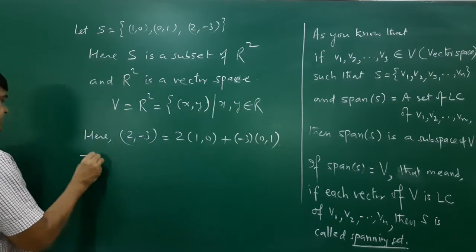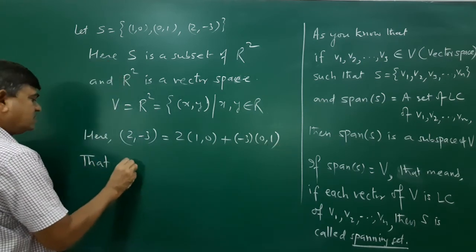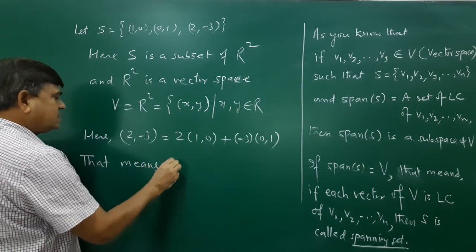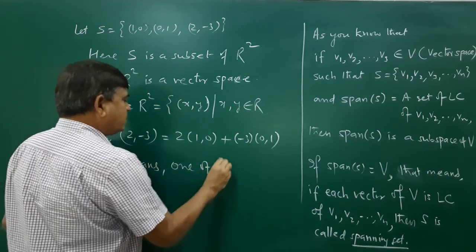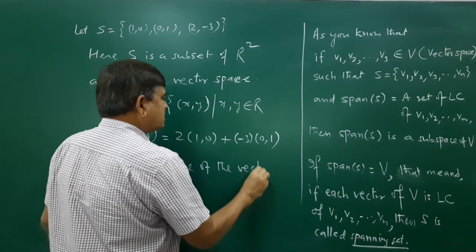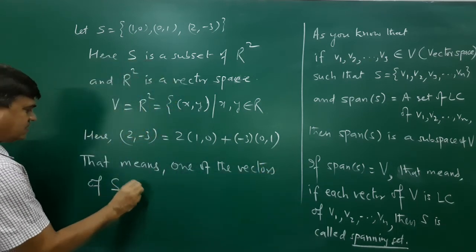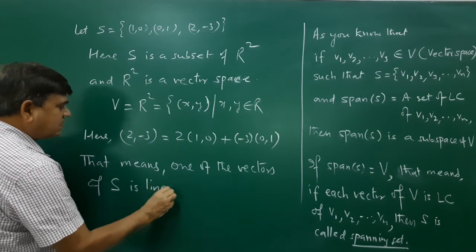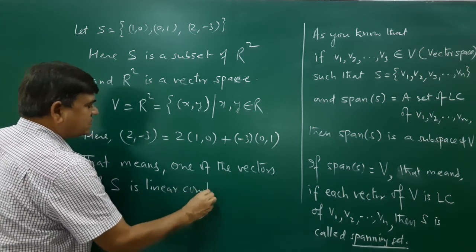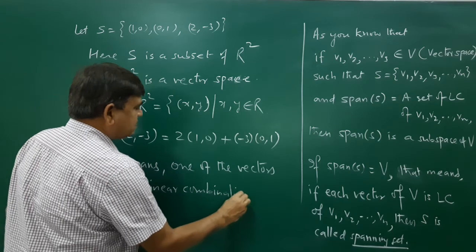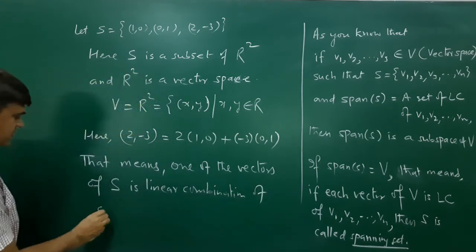That means one of the vectors of S is a linear combination of others.